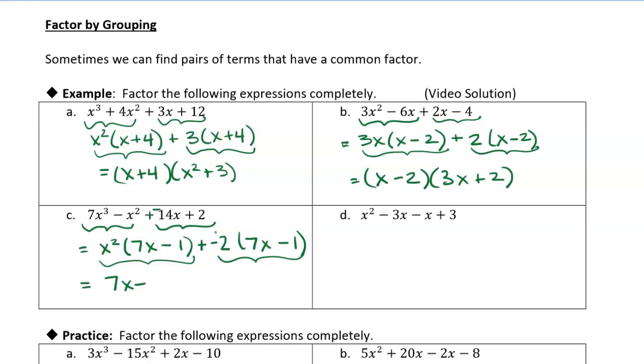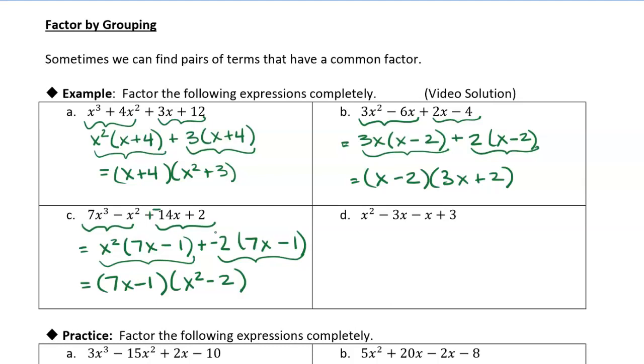So 7x minus 1, right? I'm going to factor out that common factor, and then what I'm left with is x squared, and then I still have a minus, it's plus a negative 2, or I could write it as minus 2. Okay, so when you're pairing up terms like that to find a common factor, it's often advantageous to change subtraction into plus a negative.